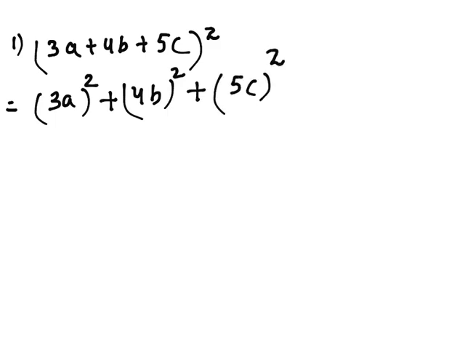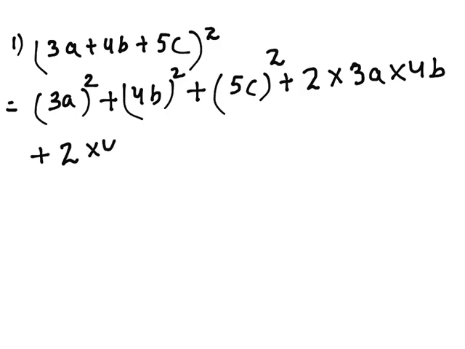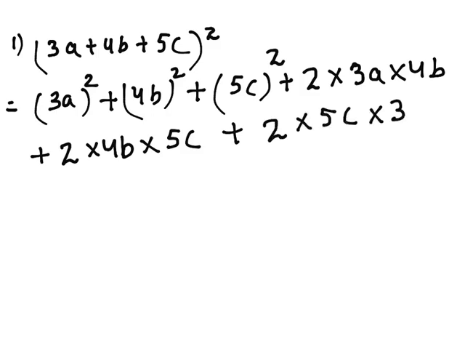According to the identity, the next term is 2ab, means twice. Here we have 3a and 4b. Then the next term will be twice bc. Here we have 4b and 5c. The next term is twice ac. Here we have 5c and 3a.